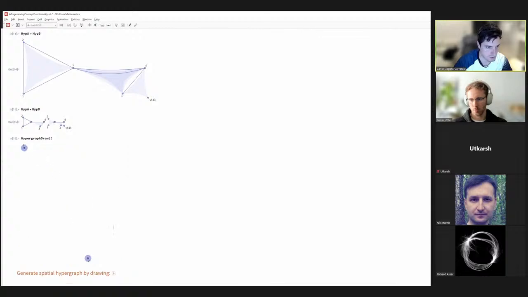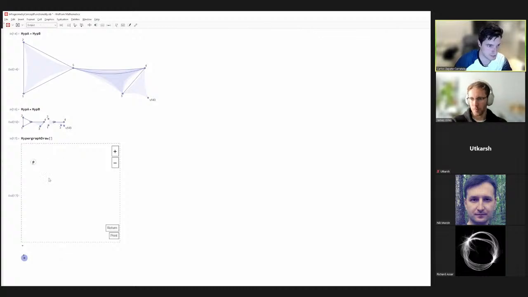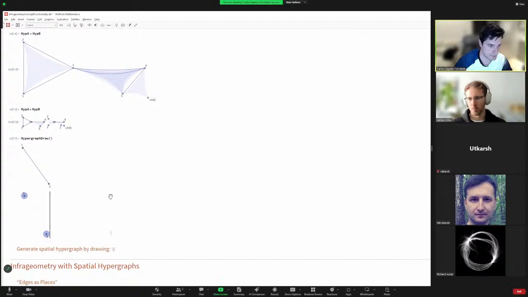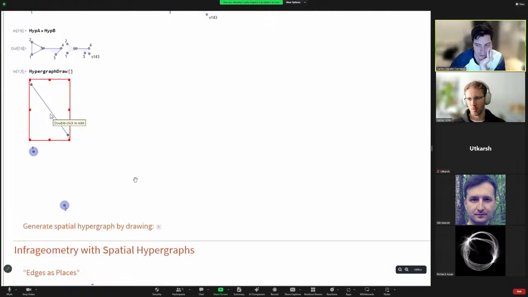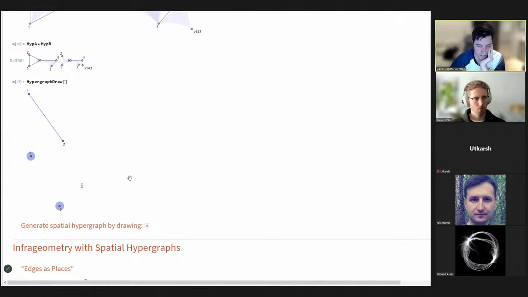And then imagine that I have a hypergraph that is like this. So these are both on 1 and 2. The edge count here is 1, the edge count here is 2. So we know that the edge count of the product should be 2, right? 1 times 2.